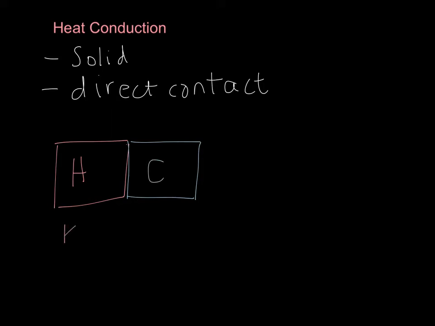So the kinetic energy of these particles is a little higher, the kinetic energy of these particles is a little lower, and hence we see a greater temperature here than we do over here.